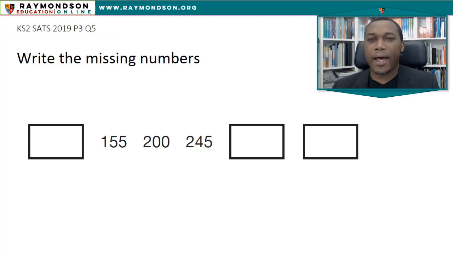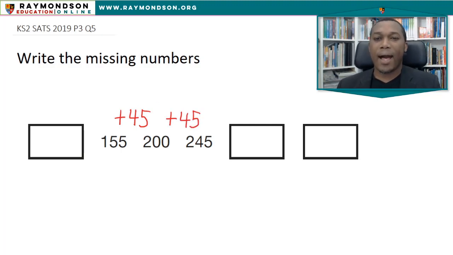Oh yeah, it is my turn to work out the question. First you need to find the common difference every time. What number are you increasing by? And I look and I see that this is adding 45. Yes, I'm adding 45.